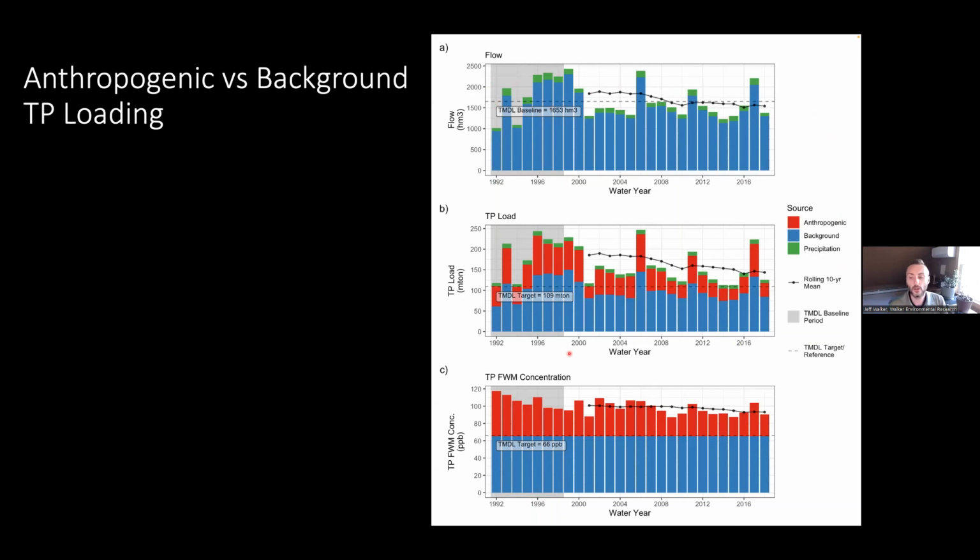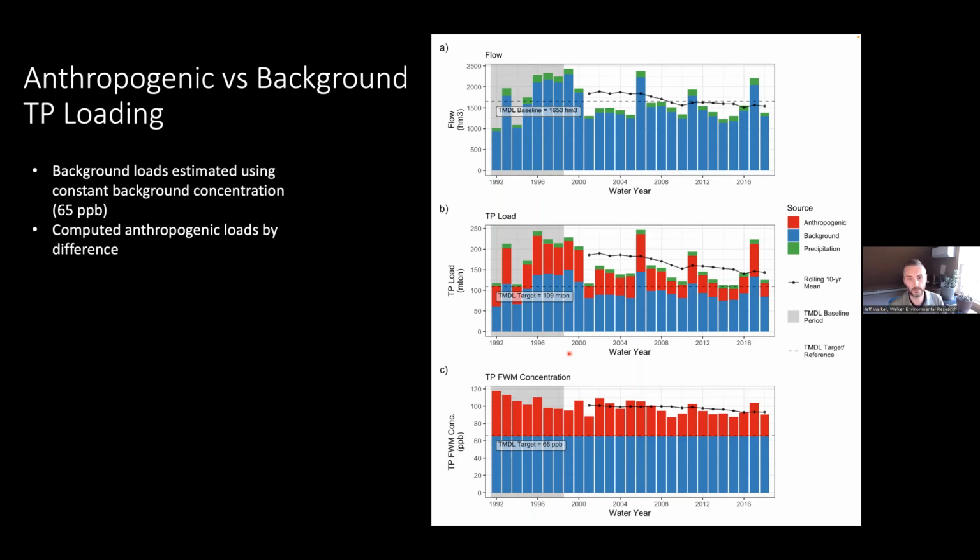The way we do this is we take the total inflows and assume a constant background concentration of 65 parts per billion, which is about the average measured in springs and seeps around the basin. Whatever the difference is between that background concentration or load and the total is what we attribute to anthropogenic. So anthropogenic loads and concentrations are calculated by difference.